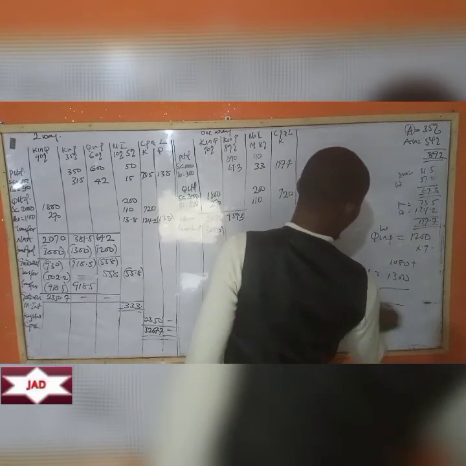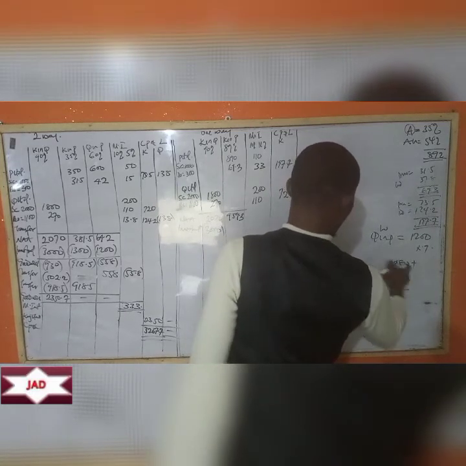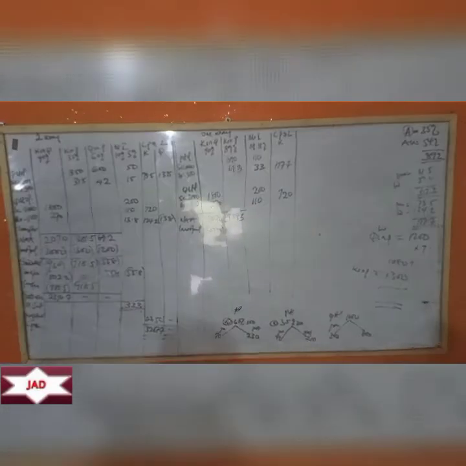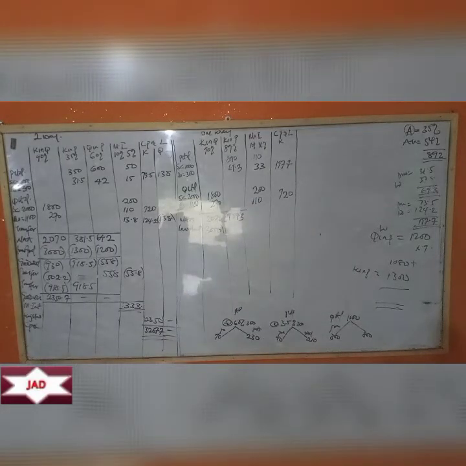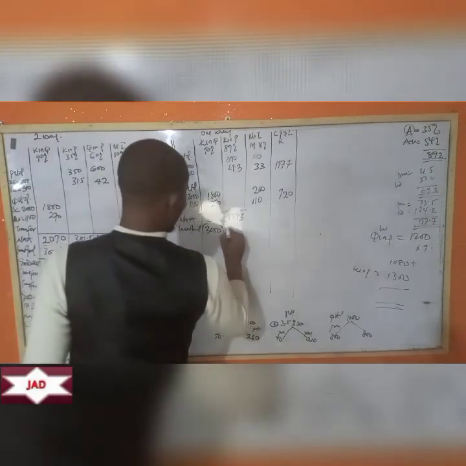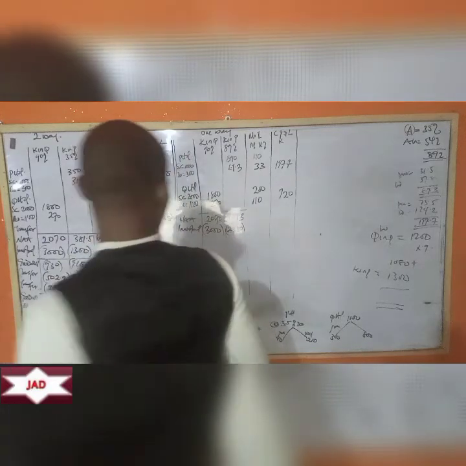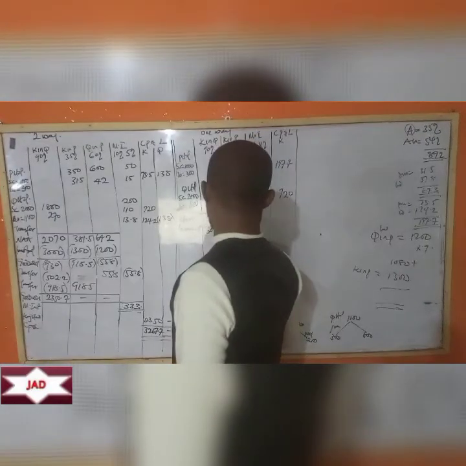We add both. You have 1,080 plus 1,300. That's 2,380. So when you take that out, what do you have?